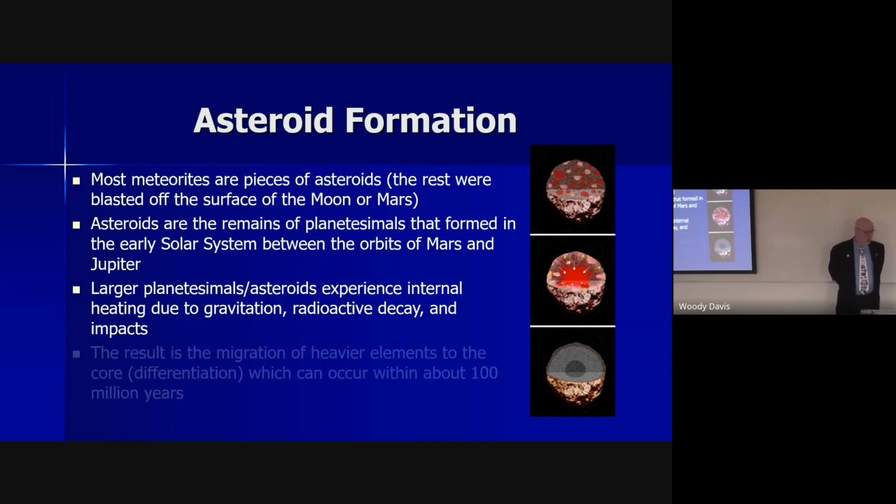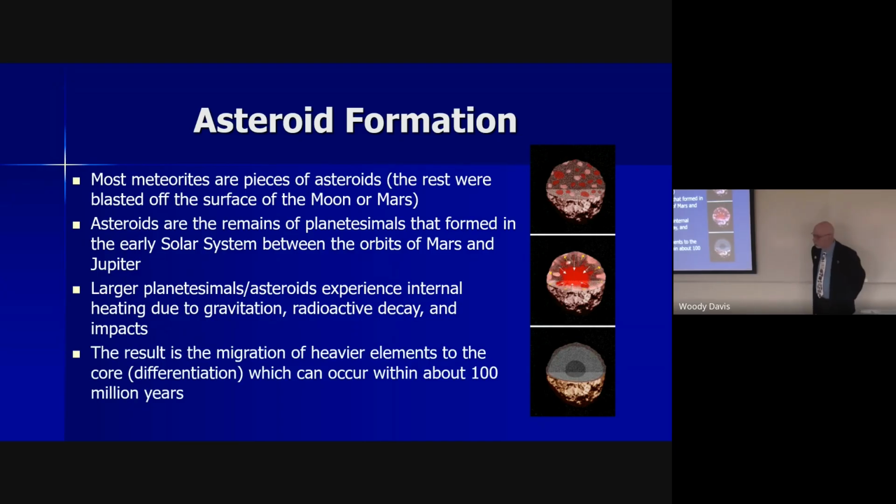And so these result in a process called differentiation, not the math type for you math people here, but the geologic type of differentiation, which means that the heavier stuff goes to the core and the lighter stuff floats on top. And that, believe it or not, can occur in about 100 million years. Seems like a long time, but geologically or cosmologically speaking, it's pretty quick.